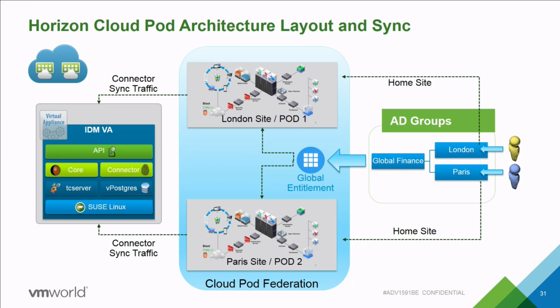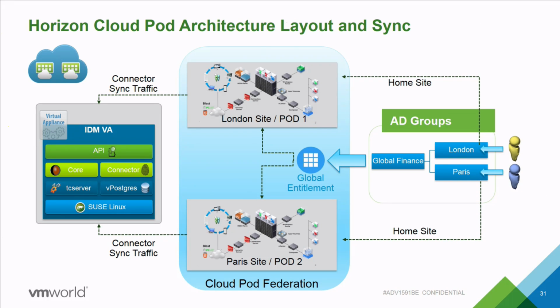The user gets entitled to a desktop or application, and he can access it. With Cloud Pod architecture, we create global entitlements that exceed the pod limit, and will be synced between all the connection servers in all pods. So the user connects, gets a home site, so a preferred site, accesses a global entitlement, which will be linked to either of the two pods, and he will be able to access applications or desktops.